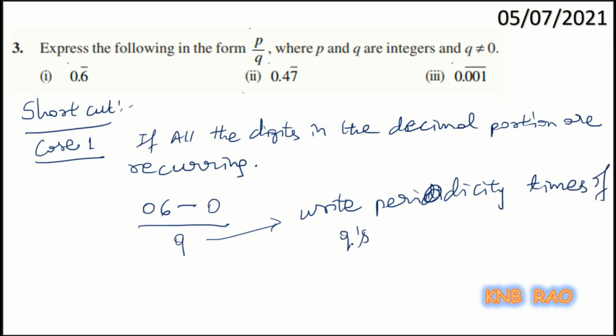Okay, 9s to be written, write the periodicity times of 9s. Here periodicity is 1, so one 9 I have to write.